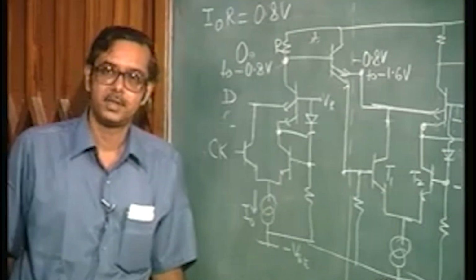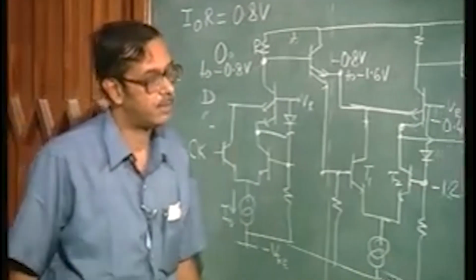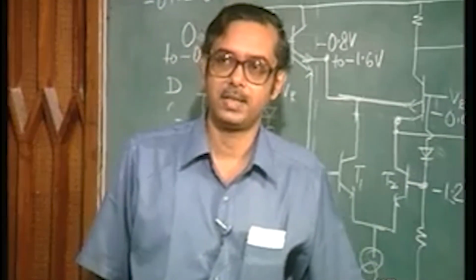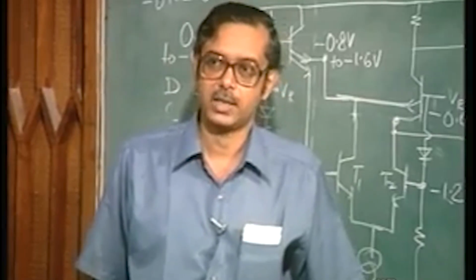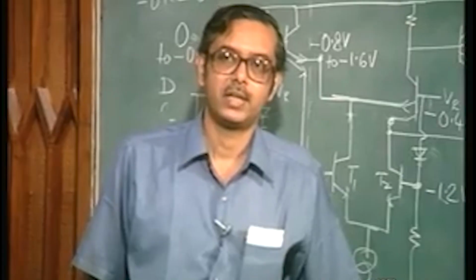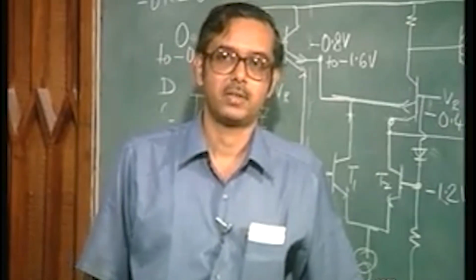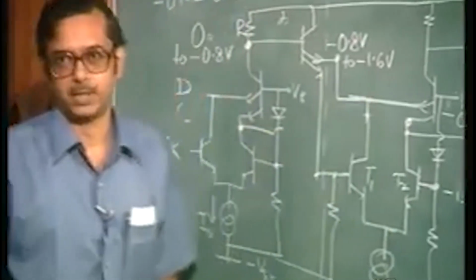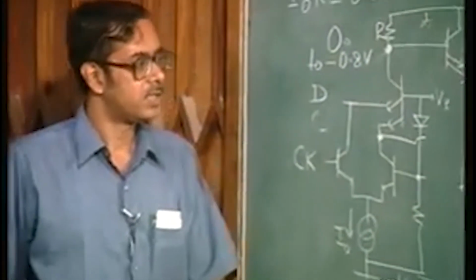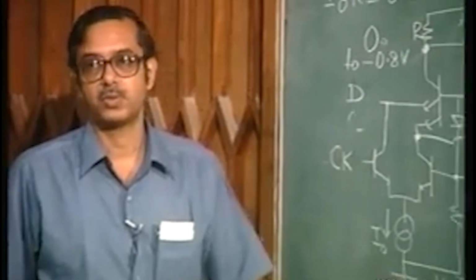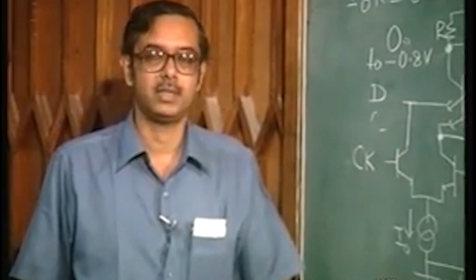We have gone through this emitter function logic, which I will repeat is a variation of emitter coupled logic, and the advantage is greater functionality: you can achieve more complicated functions with the same power dissipation. That is one of the circuits which have been proposed. In fact, this was proposed way back in the early 70s.